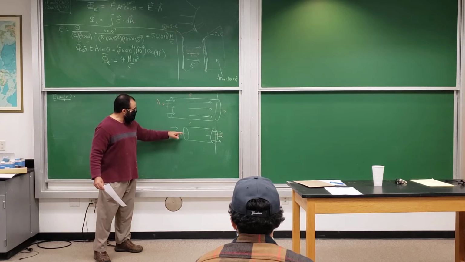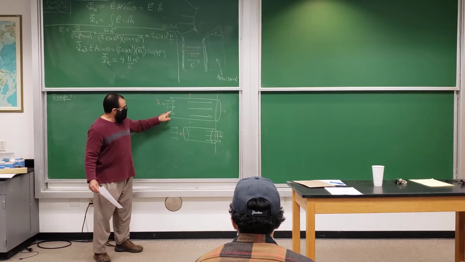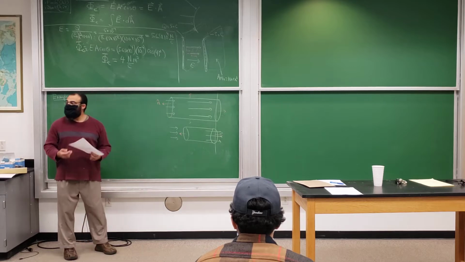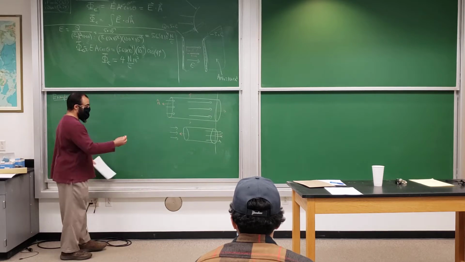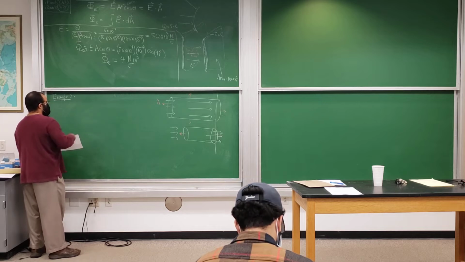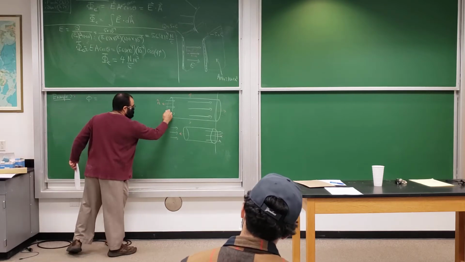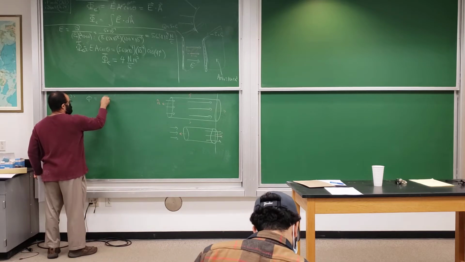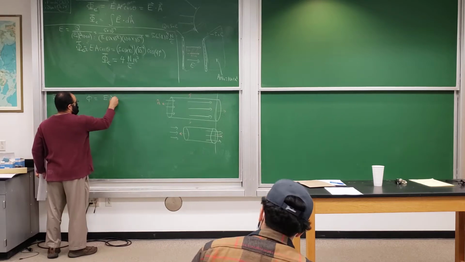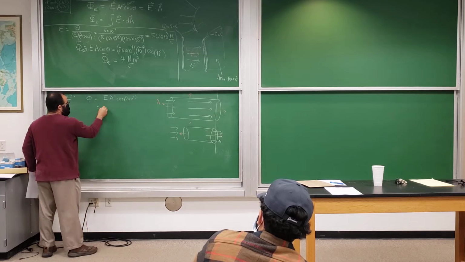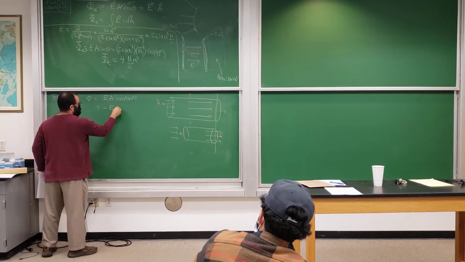But which one is most negative? Which one is more negative, this or this? The bottom one. And the reason is, well, let's write it. The flux from the left sides will be the electric field times the area times the cosine of 180, and that equals negative EA.